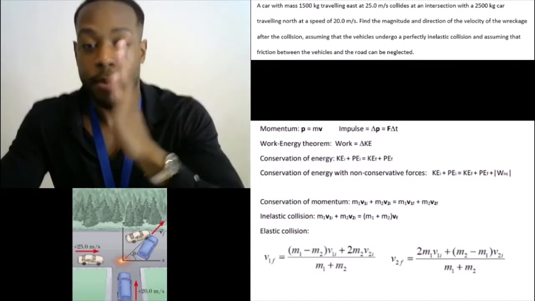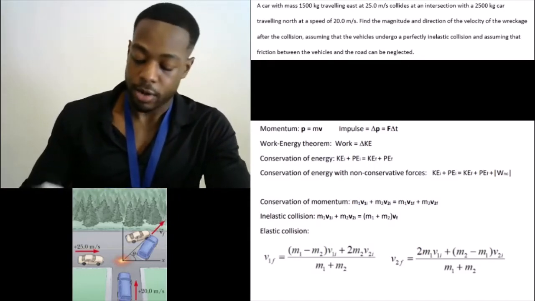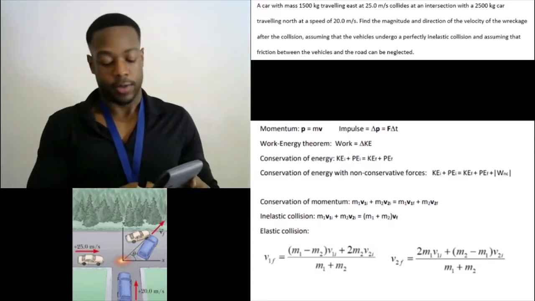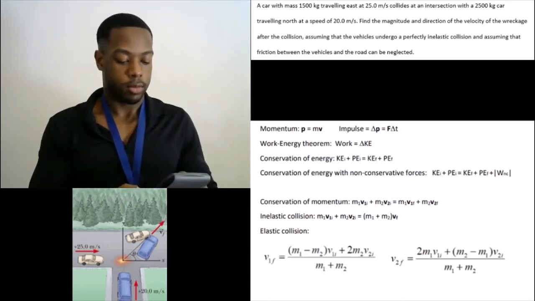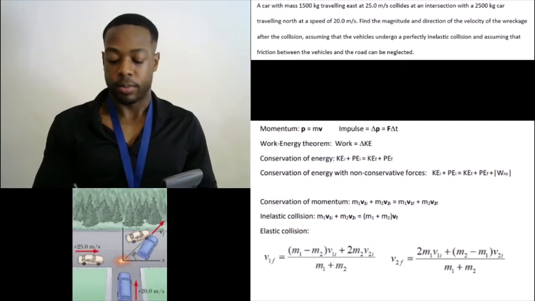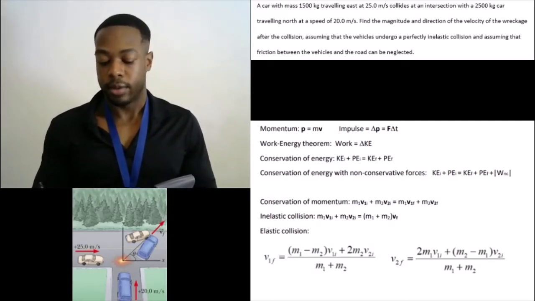We've got A, we've got B, and the magnitude is going to be the C, right? We'll do a little Pythagorean theorem. I'm getting the magnitude of velocity as 15.625 meters per second.